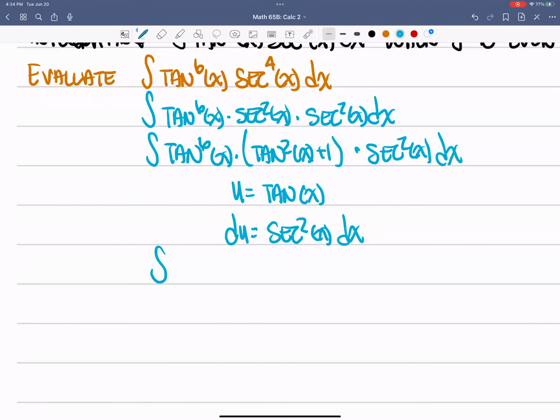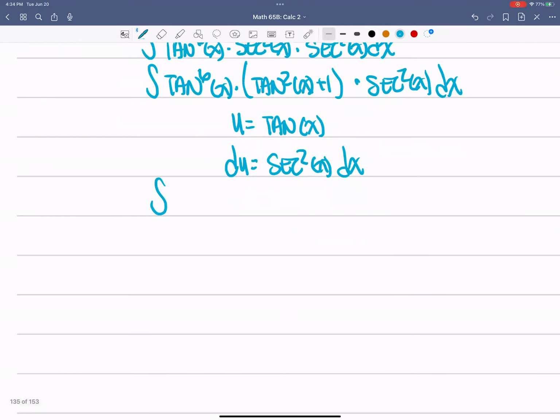So now everywhere we see a tangent, we're going to let that equal u, and where we see secant squared x dx, it's going to be replaced with du. So u to the power 6 times (u squared plus 1) du. Clean it up again: the integral of u to the power 8 plus u to the power 6 du.